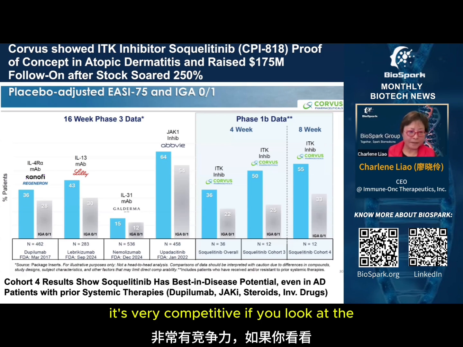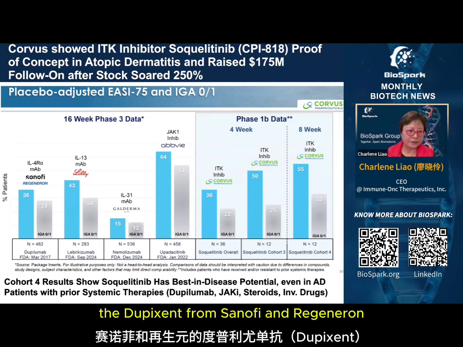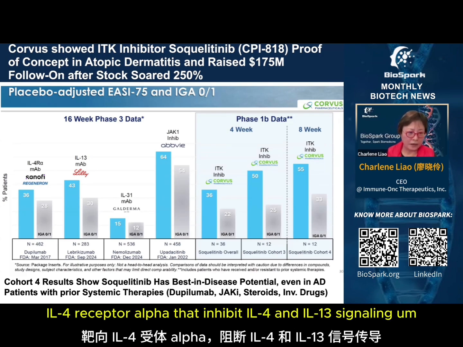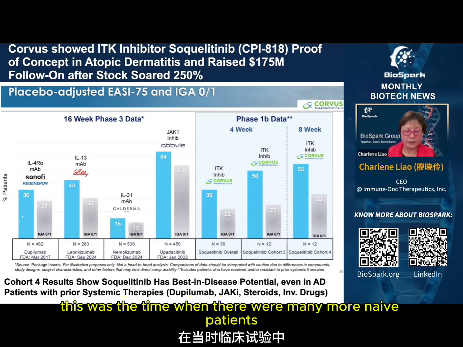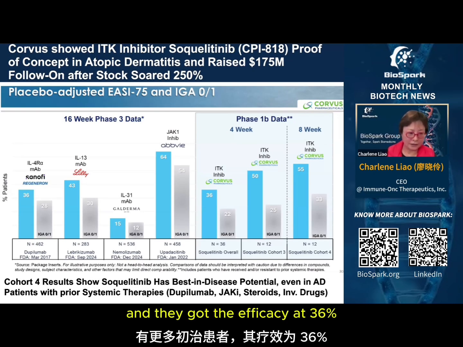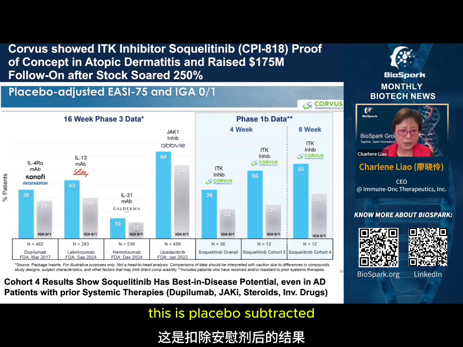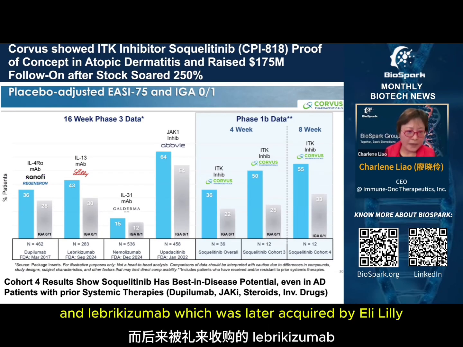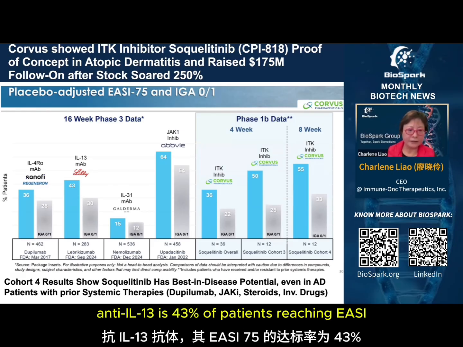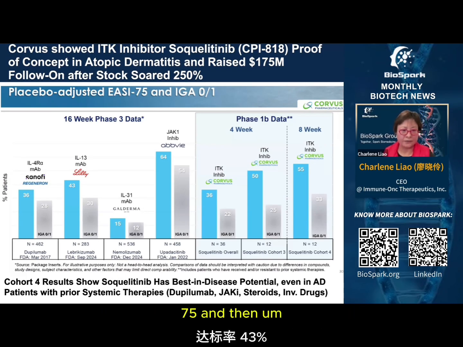If you look at Dupixent from Sanofi and Regeneron, IL-4 receptor alpha that inhibits IL-4 and IL-13 signaling, this was the time when there were many more naive patients, and they got the efficacy 36%. This is placebo subtracted. And Lebrikizumab, which was later acquired by Lilly, IL-13, is 43% of patients reaching EASI 75.